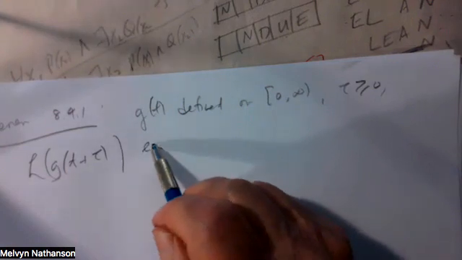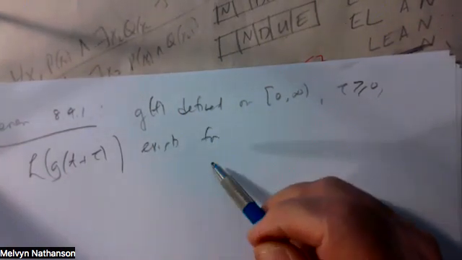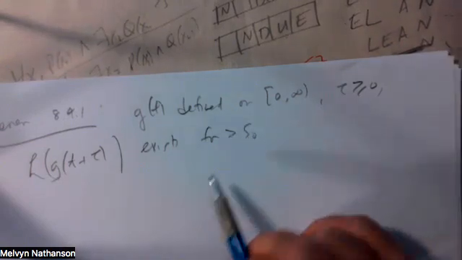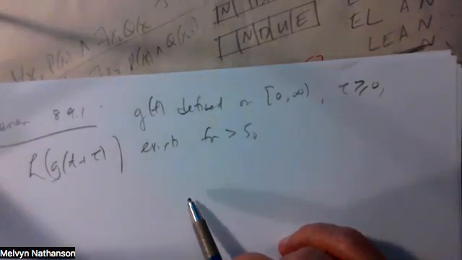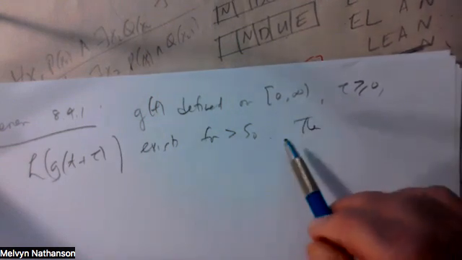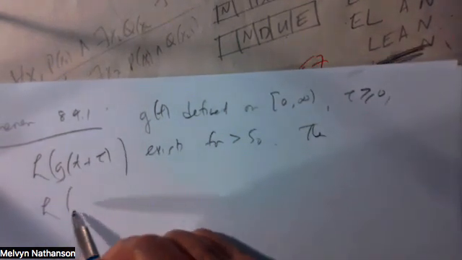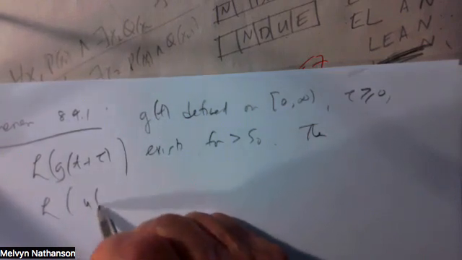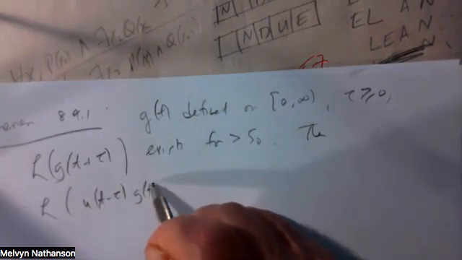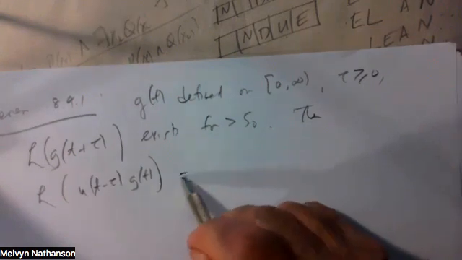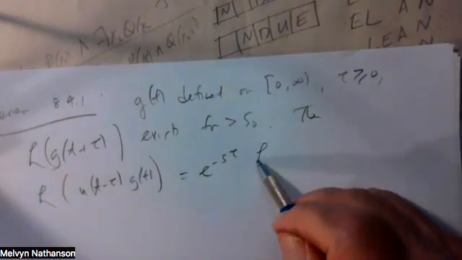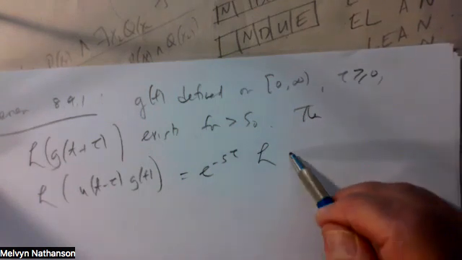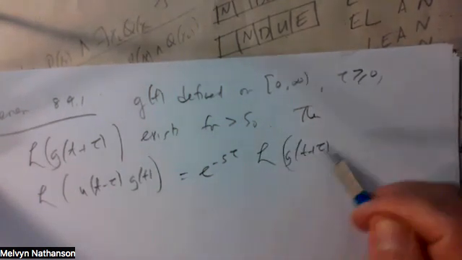And if we take the shifted function g of t plus tau, the Laplace transform of this exists for all s greater than some s naught. In that case, the Laplace transform of u of t minus tau times g of t is going to equal e to the minus s tau times the Laplace transform of g of t plus tau.